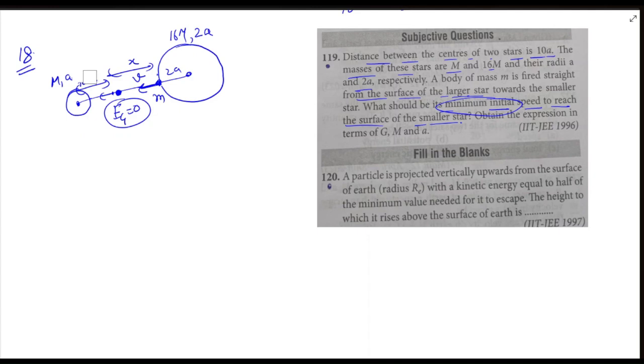So this will be 7a minus x, right? Now let's find the field at point P. The field at P must be 0.